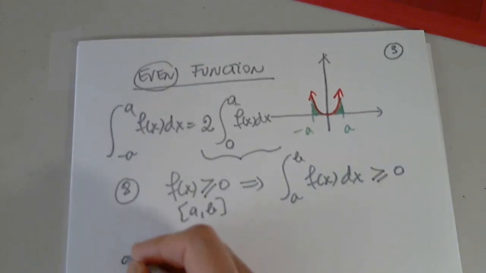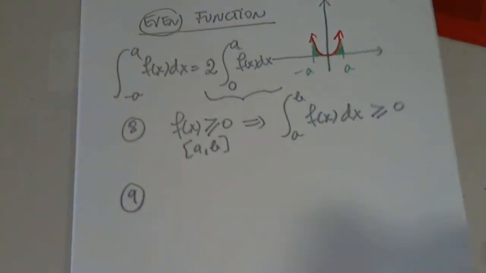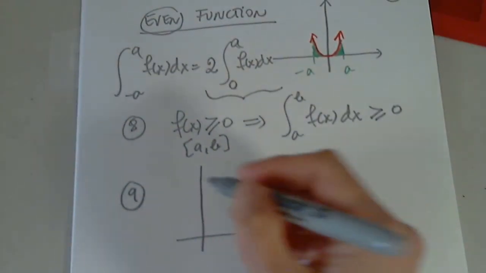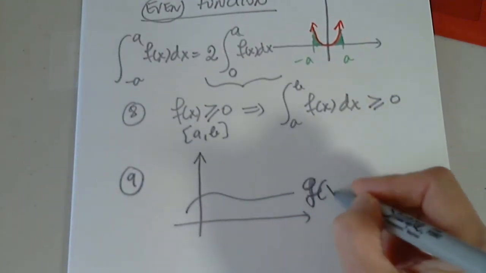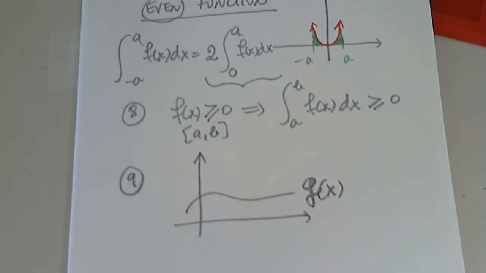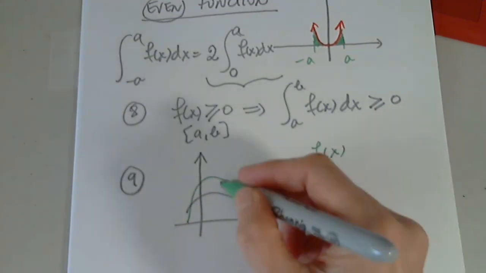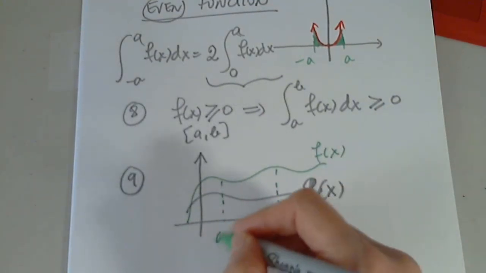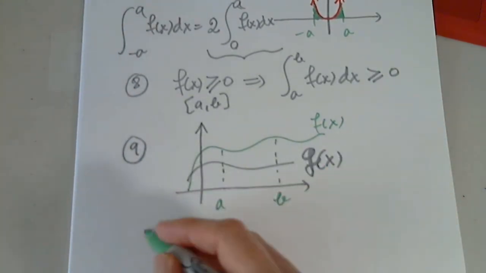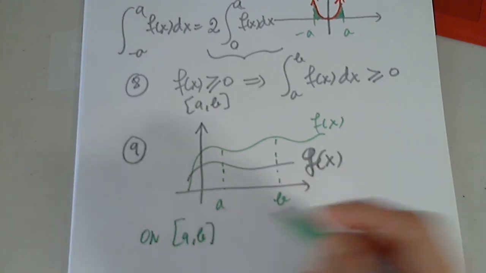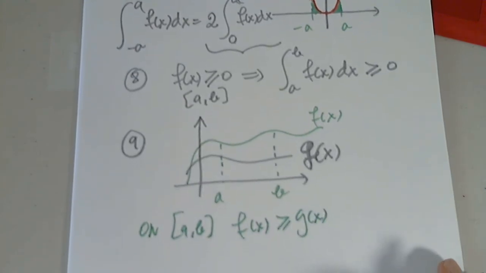Okay, property number 9. Let's suppose now that we have the following graph. I have a function g of x, and above it somewhere I have a function f of x, and of course we are again talking about the interval a, b. So on a, b, I can definitely say that f of x is greater than or equal to g of x according to the graph.